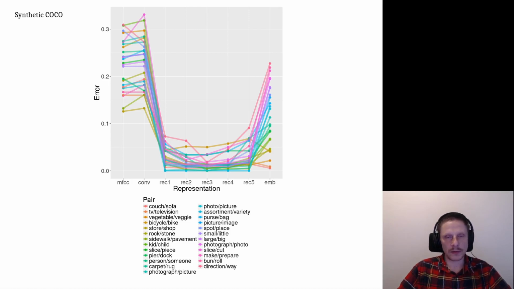We were able to do this easily because the model was trained on synthetic speech, so we could again easily synthesize the stimuli. We could take an utterance like a girl is looking at a photo, and then synthesize another one which sounds like a girl is looking at a picture, and we could do it for a number of different synonym pairs.